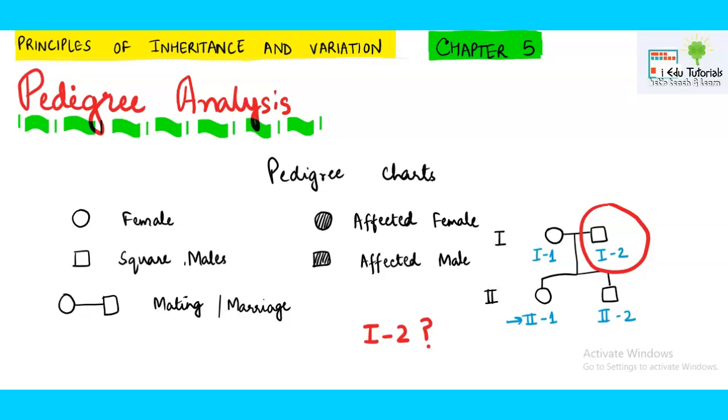If I ask you who is the first individual of the second generation, that means I am talking about this. So you must know how to trace an individual because they may give you a question on it.